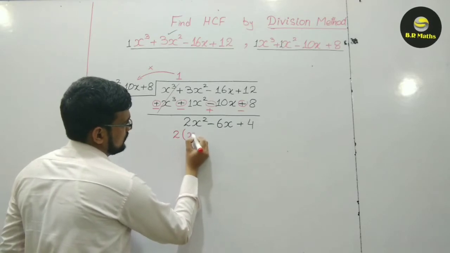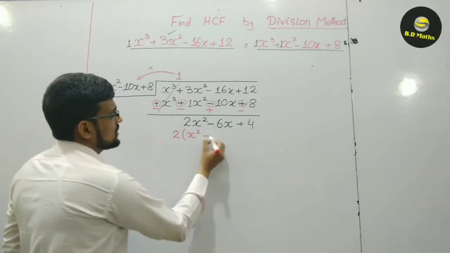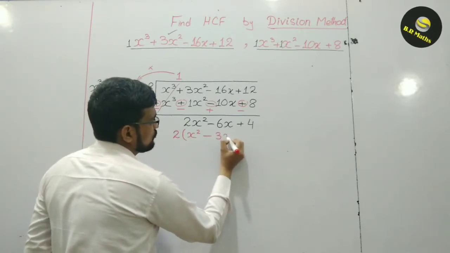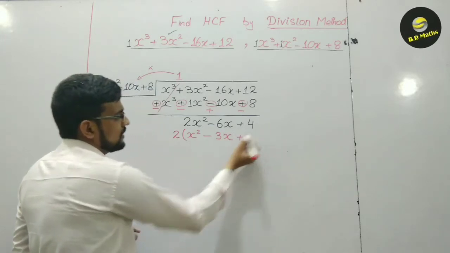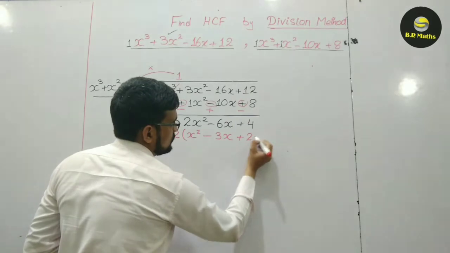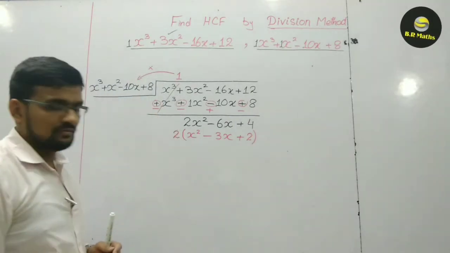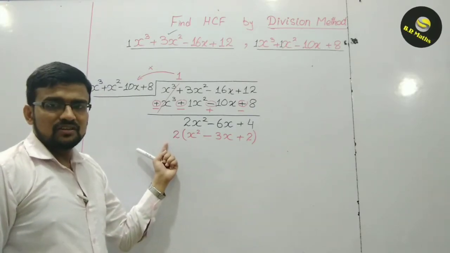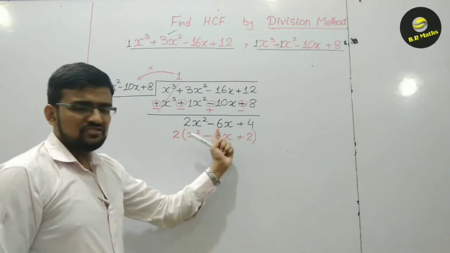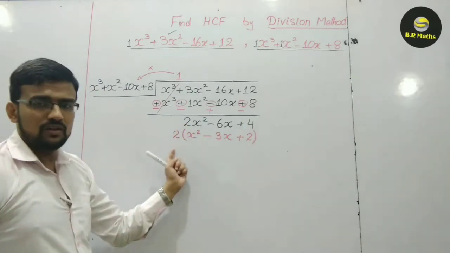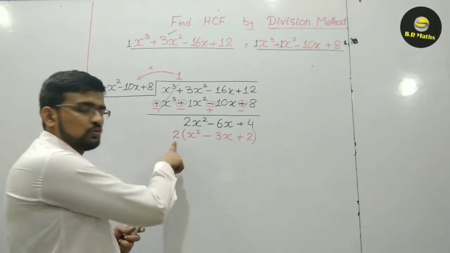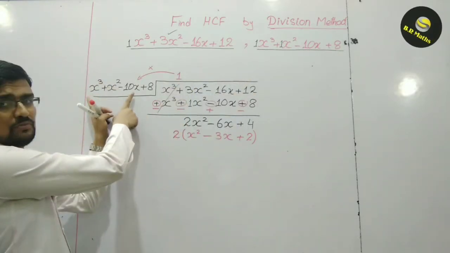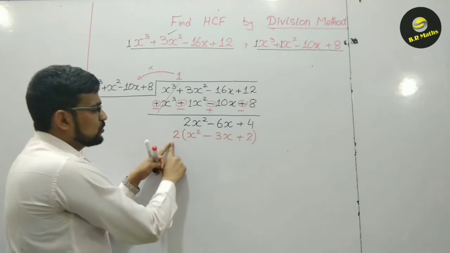It becomes x square minus 3x plus 2. Common means it divides the polynomial. Therefore 6 becomes 3, 4 becomes 2, and this 2 becomes 1. So 2 is taken common.